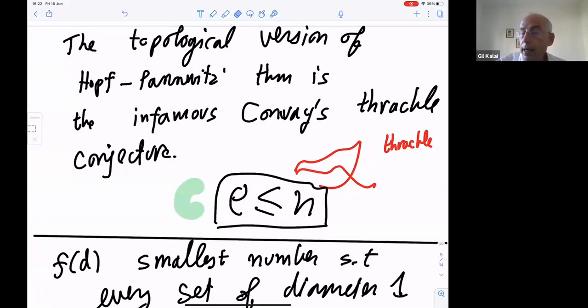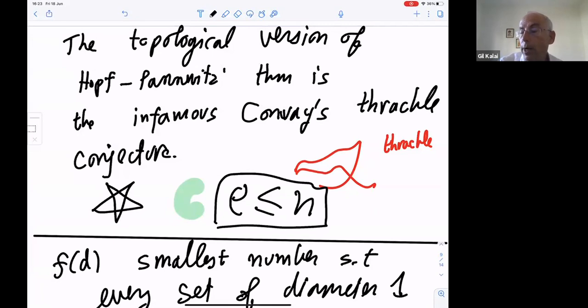One can see that you can realize with thrackles more graphs than you can realize with line segments. For example, with line segments, you can realize only odd polygons like this.